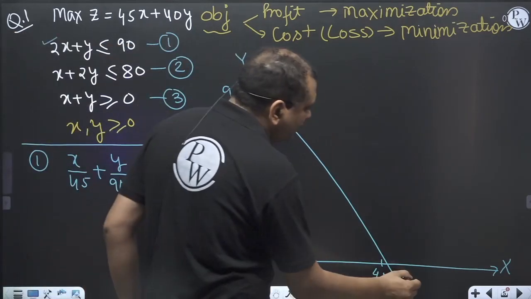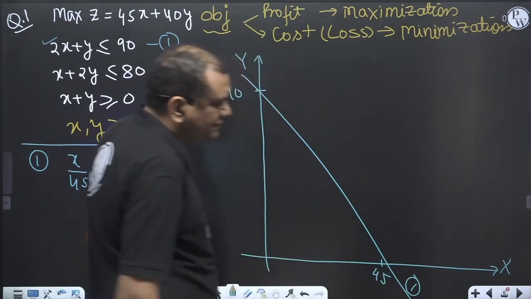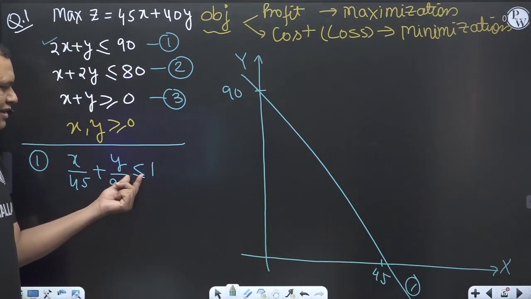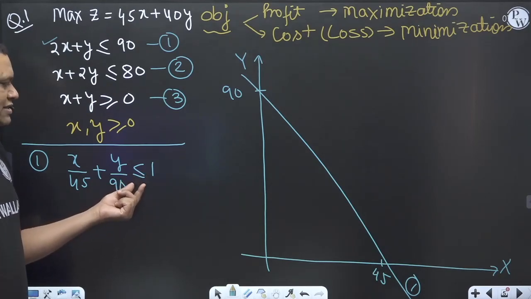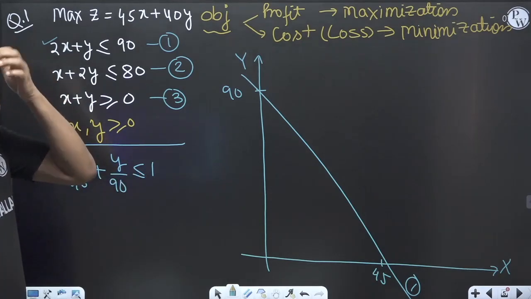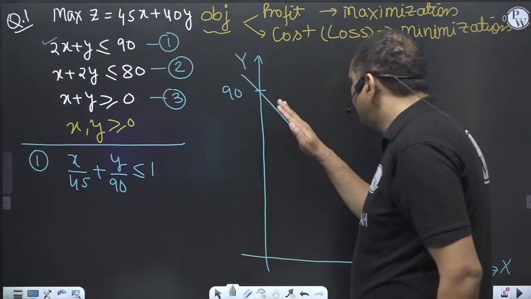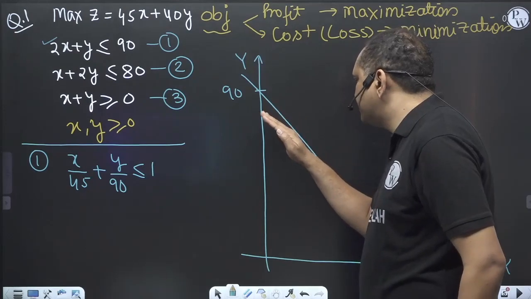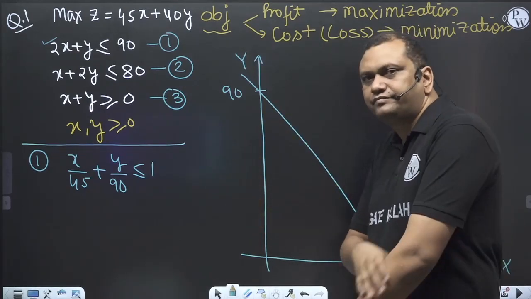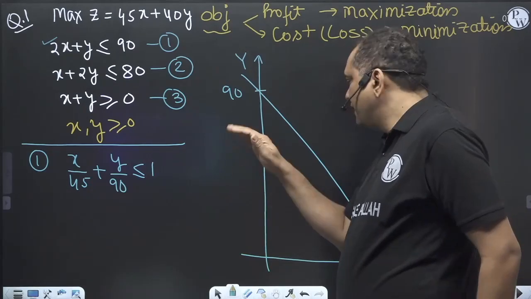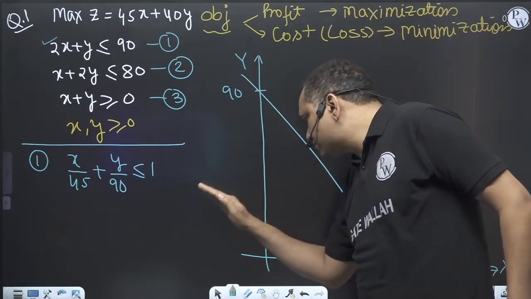This is my first constraint. Now, do you know the meaning of the less than or equal sign? The meaning is my region will be towards the origin. Less than or equal sign means my region is towards the origin.